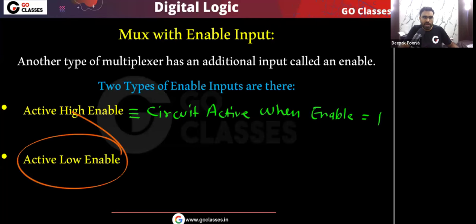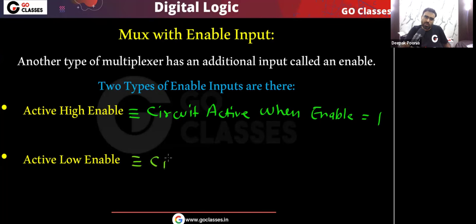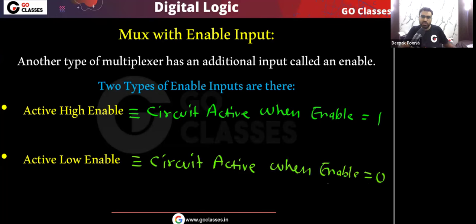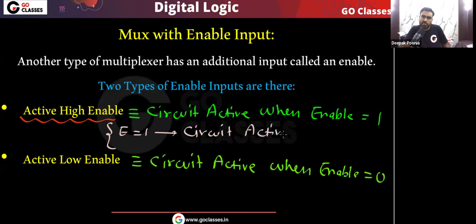And what is active low enable? Active low enable means the circuit will be active when the enable is low, when enable is 0. So in the case of active high enable, if the enable is 1, then your circuit will behave normally, the circuit is activated. And when this active high enable is 0, then the circuit will be idle.